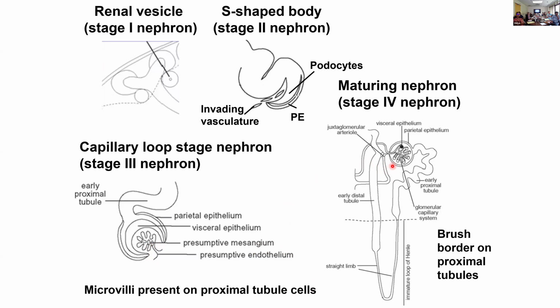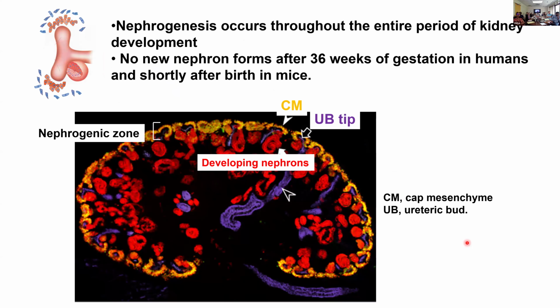At this stage, the podocytes already form foot processes, and the cell shape changes. They don't look very much like columnar epithelial cells. The proximal tubule at this stage also differentiates to show the brush borders for their most distinct function of reabsorption.